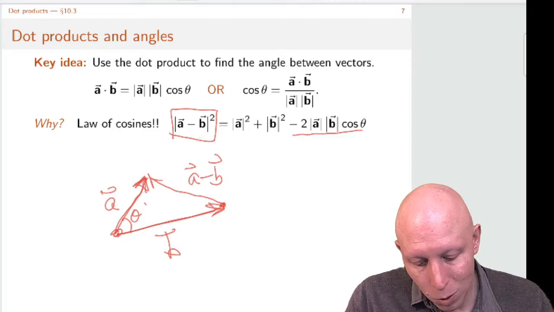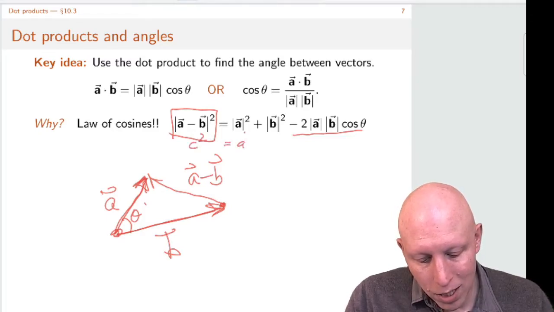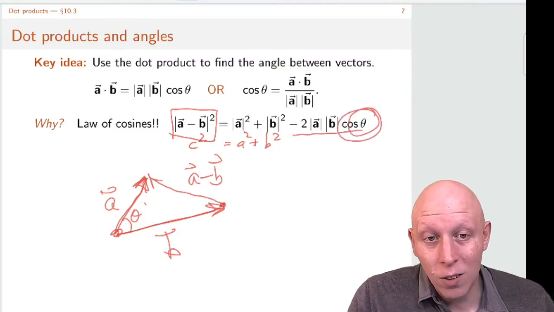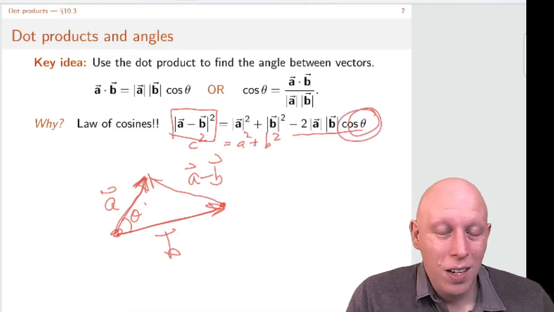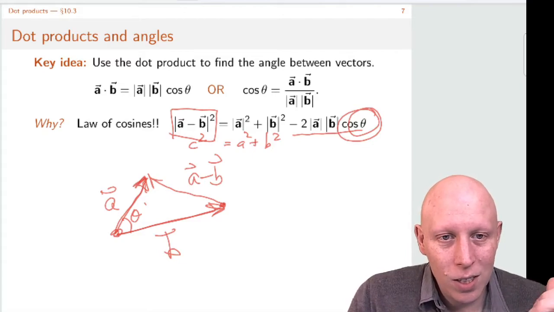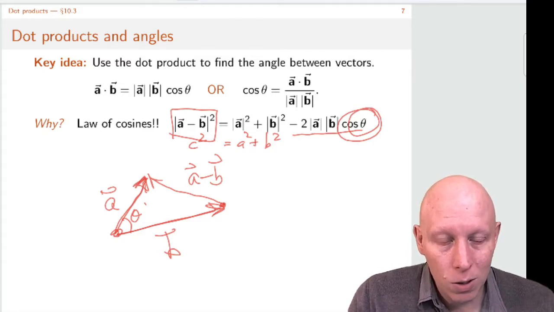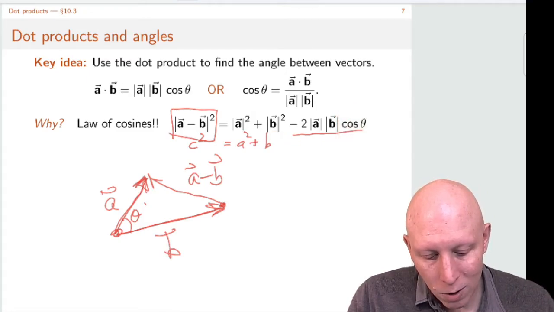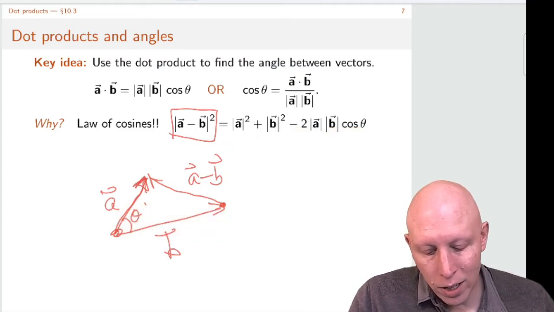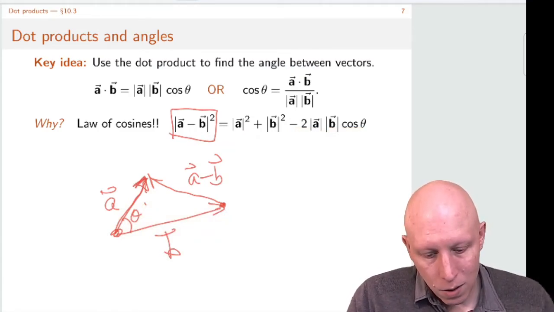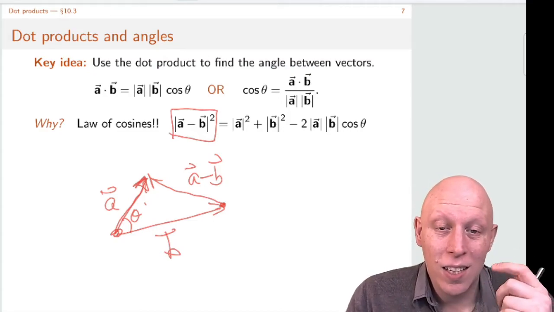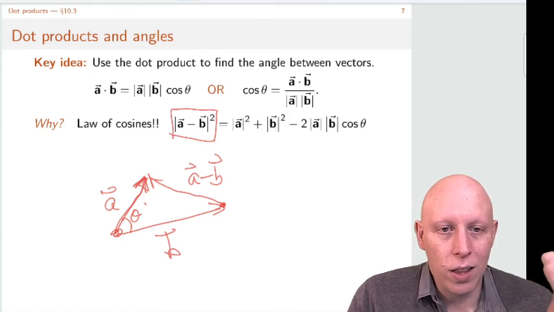The Pythagorean theorem would be c squared equals a squared plus b squared, and that happens when the angle is a right angle, so cosine of pi over 2 is 0, and that would cancel that whole last term. But for a general angle between the vectors, this is our formula that relates the sides of the triangle with the angle.